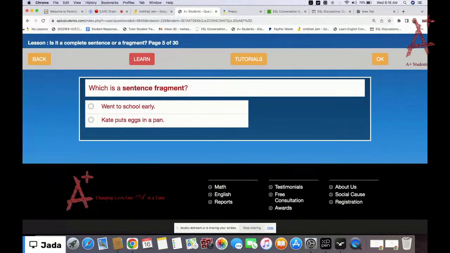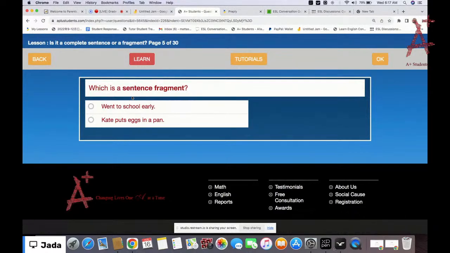So now, which is a sentence fragment? Went to school early. Kate puts eggs in a pan. If you click on Kate puts eggs in a pan, it's a complete sentence because Kate is the subject.